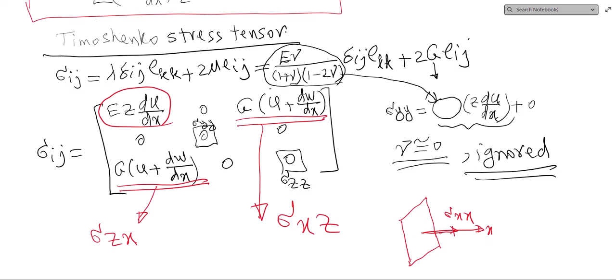And now we have sigma xz. Now we get back our shear. And obviously on the z direction, we got our zx, which is on the top surface of the beam, which is normal to our z direction, but in the direction of the x. So the main thing here is that this is recovered. This shear stress is recovered.